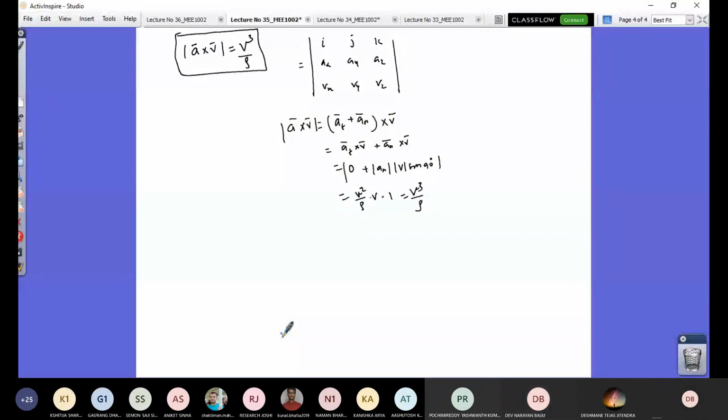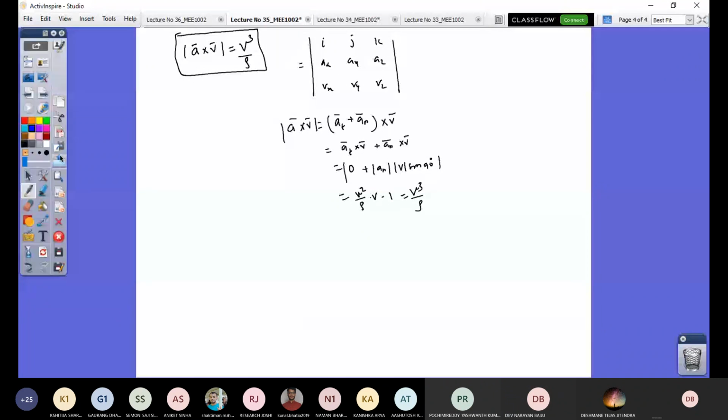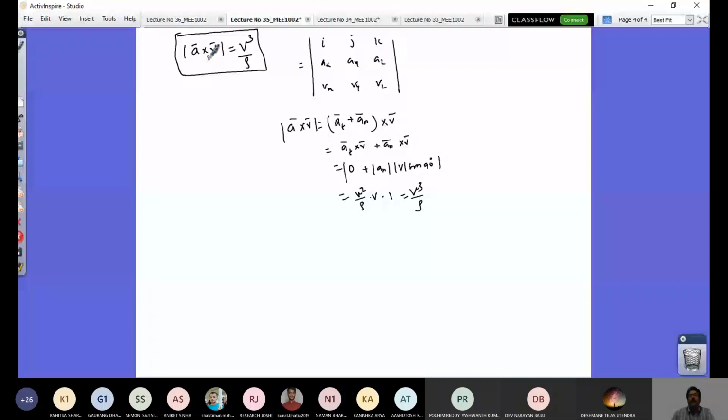In the last class, we were looking at the relationship between rectangular components and normal and tangential components. You have A cross V, which can be determined by this determinant, or you can also represent A cross V in terms of its normal and tangential components.